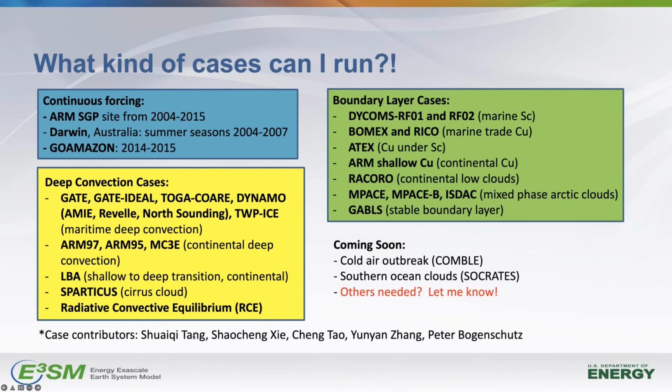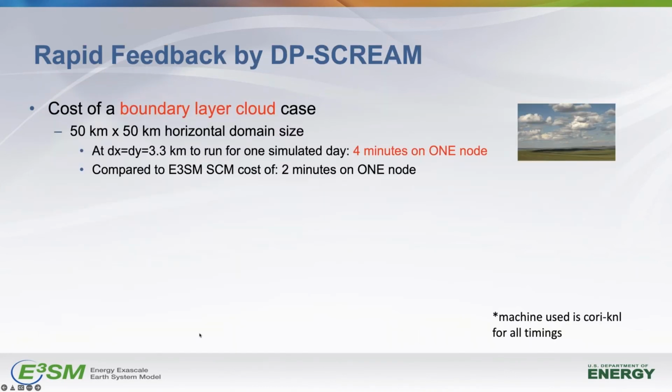So I constantly get asked what the computational expense of DP-Scream is, and it really depends on the type of case you want to run. But here I want to show you that it can provide you with rapid feedback. Here I have the cost one might anticipate for a boundary layer cloud case. These are clouds that are fairly small, as depicted by this picture, and typically require a much smaller domain size than that of a deep convective cloud case.